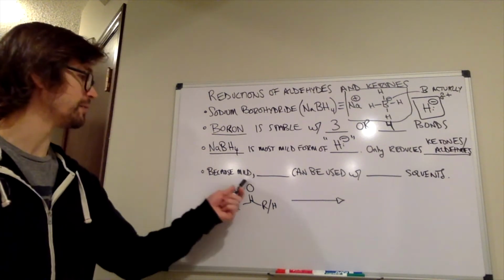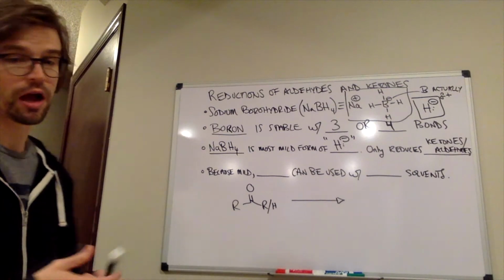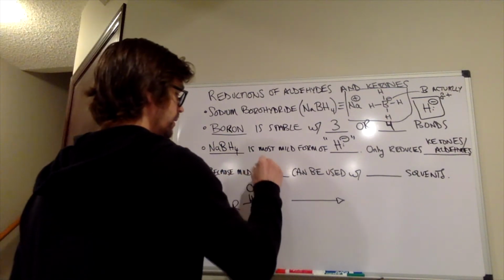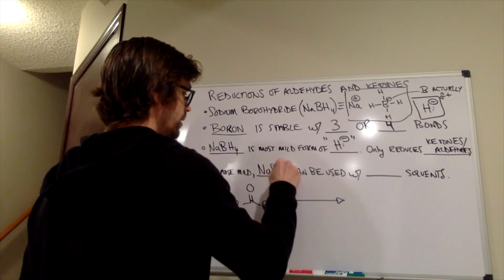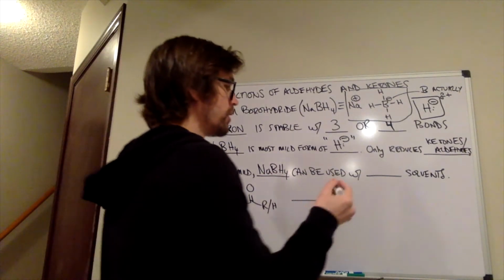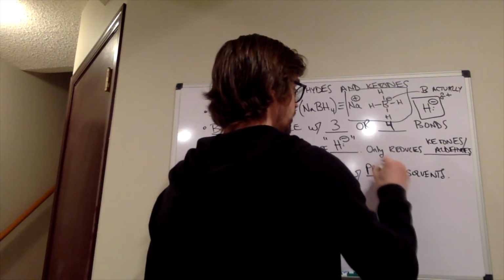Okay, so because it is mild, sodium borohydride can be used with protic solvents.